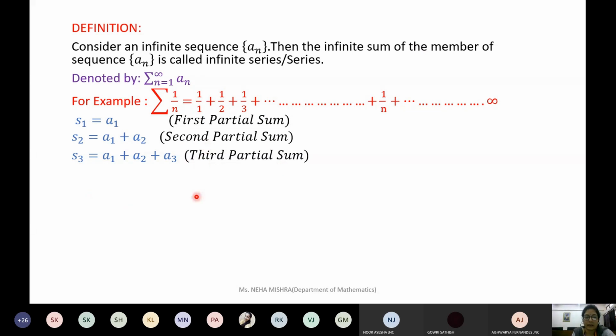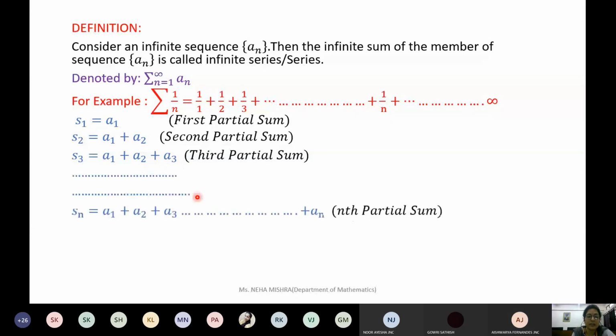If we add n terms of a sequence, it will be denoted by Sn and known as the nth partial sum.